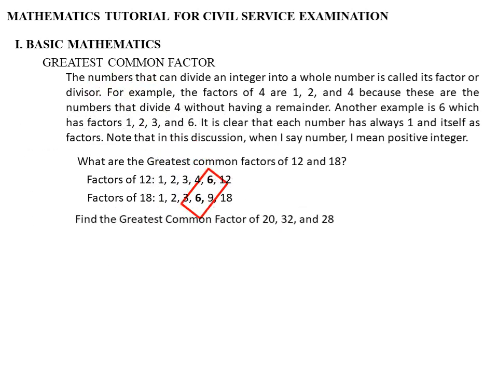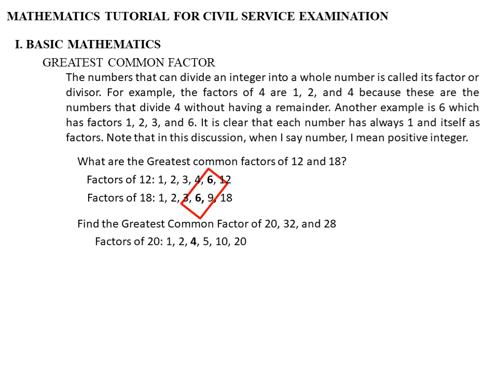Okay, let's try another. Find the greatest common factor of 20, 32, and 28. Factors of 20 are 1, 2, 4, 5, 10, and 20. Factors of 32 are 1, 2, 4, 8, 16, and 32. And then factors of 28 are 1, 2, 4, 7, 14, and 28. So what is their greatest or highest common factor?